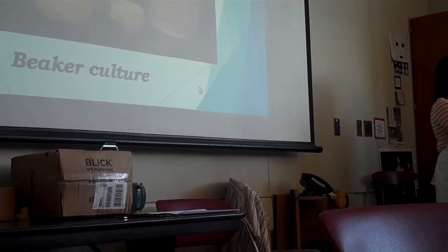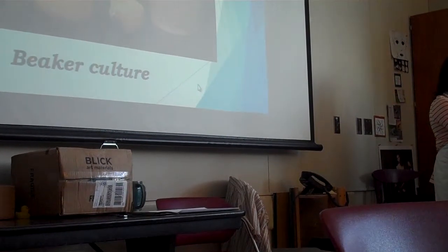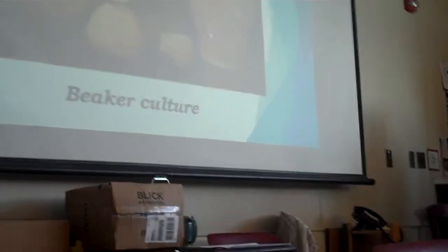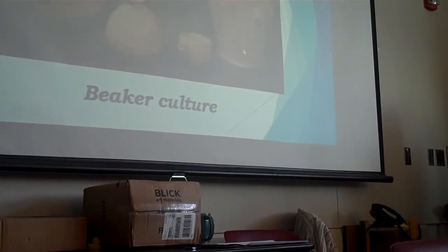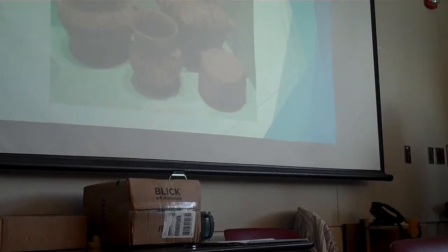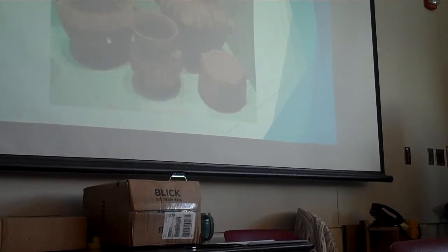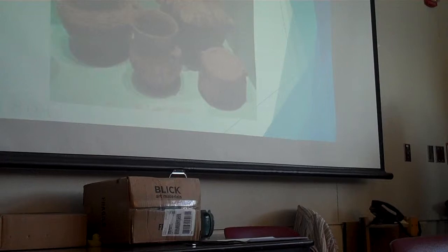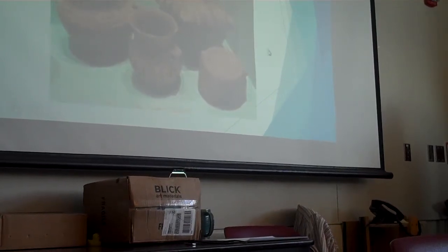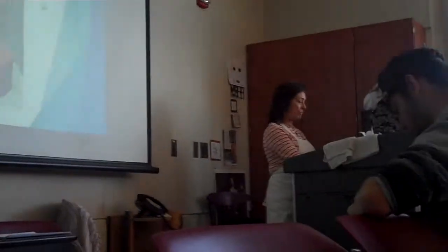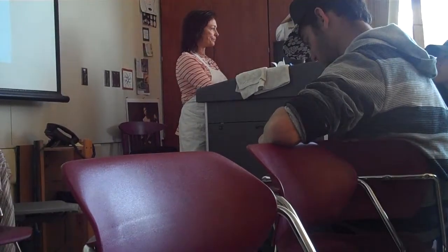The beaker culture. Very basic in color, but more elaborate in texture. Corded ware, so it looks like they maybe pressed corded ropes into their pottery. Again, basic color, but more texture.